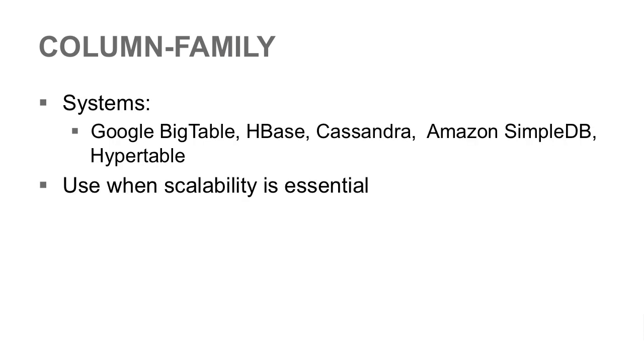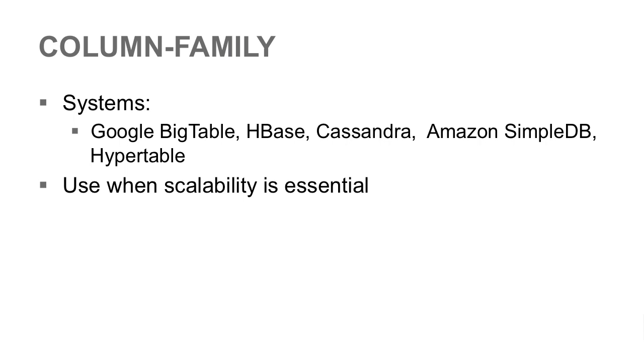Here you can see some of the most popular systems in this space. One of the systems that we have already seen is HBase, which is the column family database. It's a part of Hadoop. Another Apache project, Apache Cassandra, is very similar in many regards. It is a peer-to-peer system which does not have any single point of failure.